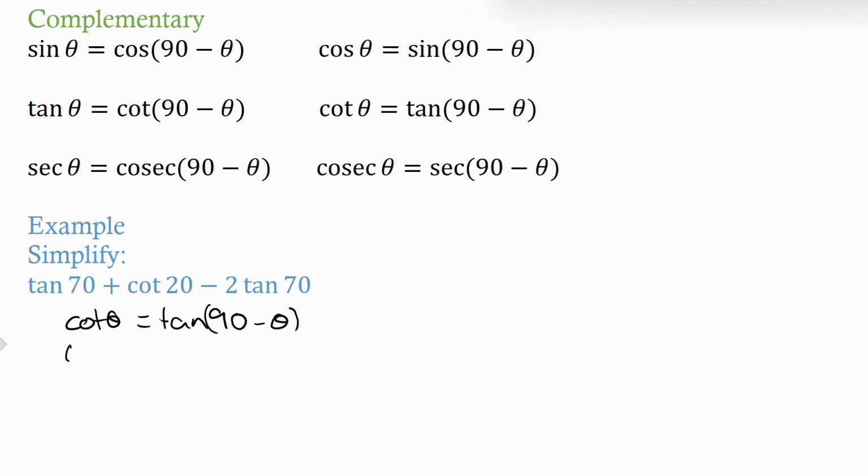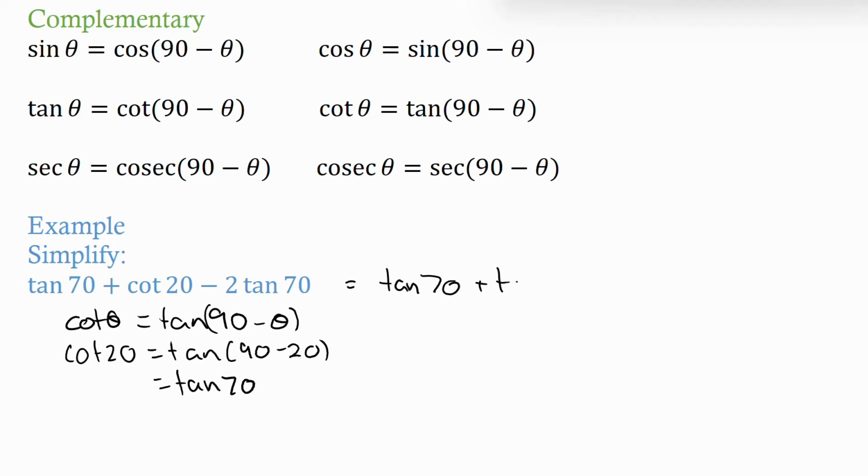So cot 20 equals tan 90 minus 20, or tan 70. So I'm going to rewrite this as tan 70 plus tan 70 minus 2 tan 70, which ends up all cancelling out and we're left with 0.